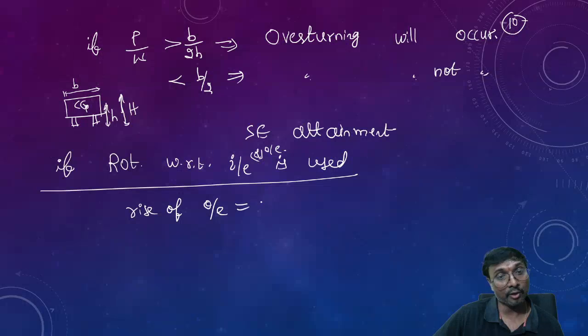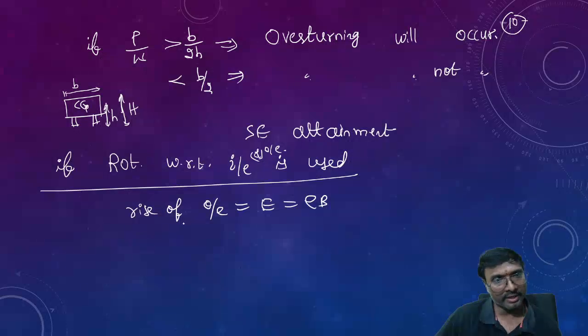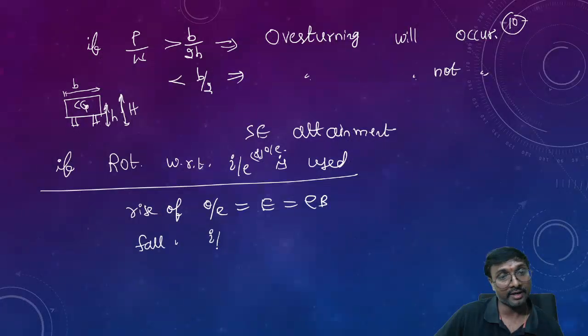The rise of outer edge will be equal to capital E equal to small e into B, is not? So that is your rise of outer edge, or you can also call it the fall of this inner edge, na?